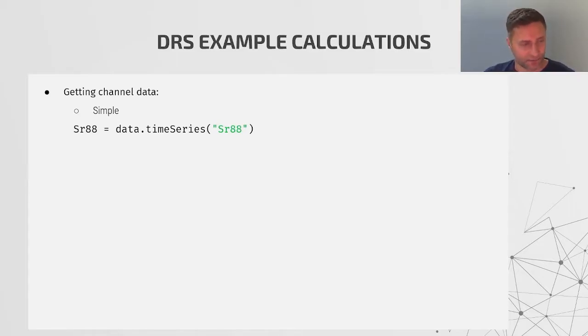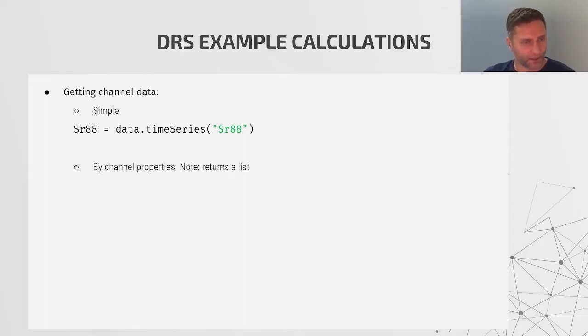In some mass spectrometers, it's actually M87.998 or mass 88.001 or something like that, where it's actually recording the exact mass that was the center of the peak that was being used. I just mentioned that because we don't always know the name of the channel that we want to work on. So we've given you some other ways to get the channel data.